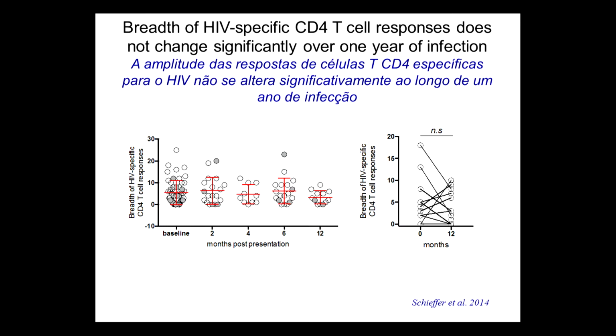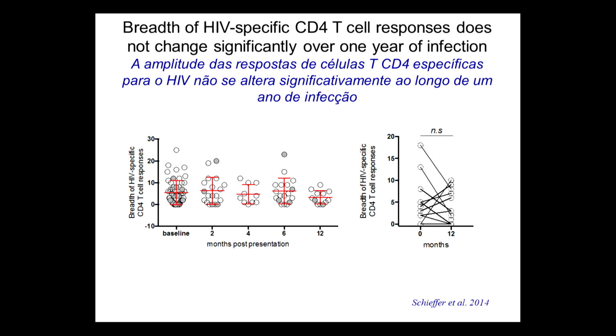I showed you earlier the bowl of the CD4 responses, right? There might be a slow decay and loss of CD4 responses, but it's not that strong that it would be significant in the acute phase of the infection. So you have strong responses even after 12 months of the infection.